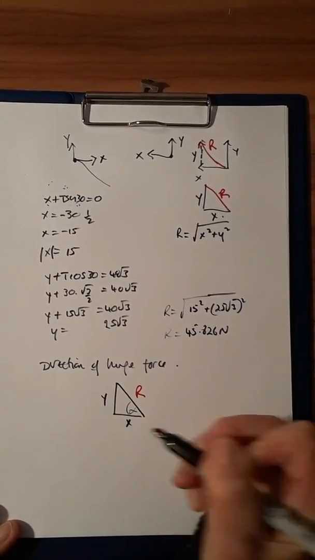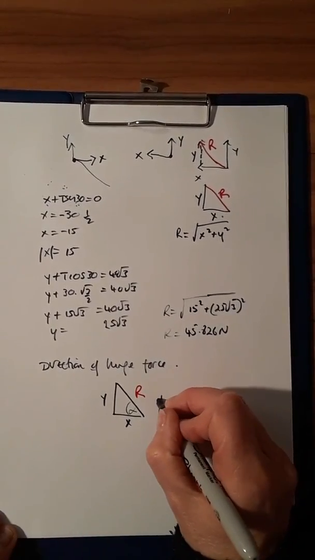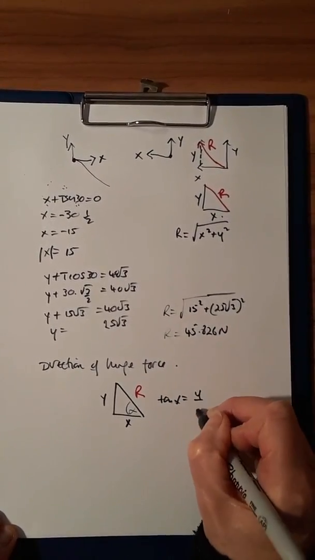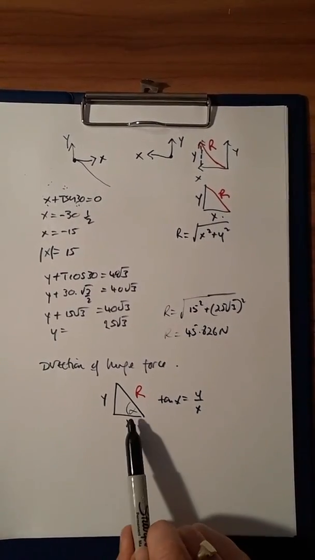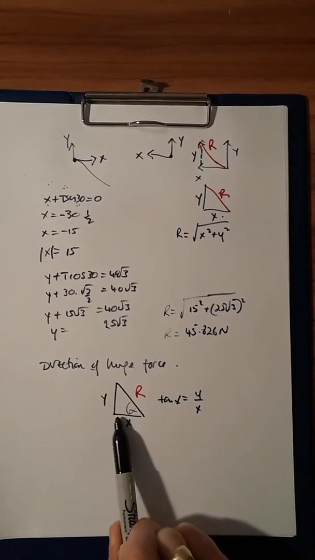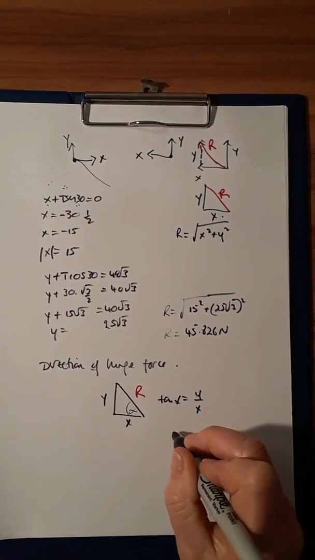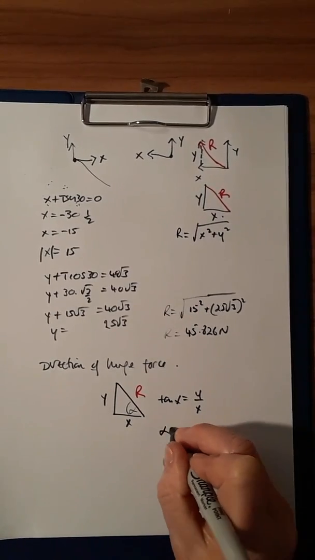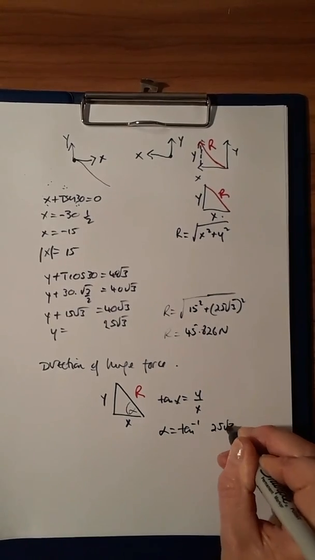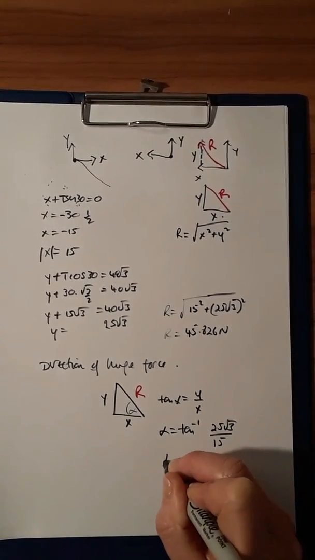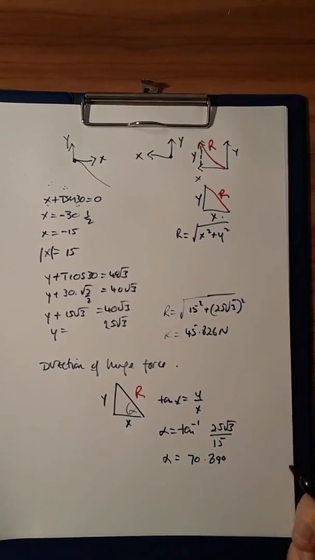This is Y, that is the X force, which means to describe this angle, the tan of alpha is equal to Y over X. So I'd always really find the direction with respect to the Y-axis or the X-axis. In this particular case, alpha is equal to arctan of Y, which is 25 root 3, over X, which is 15. So when you work that out, you get 70.89 degrees.